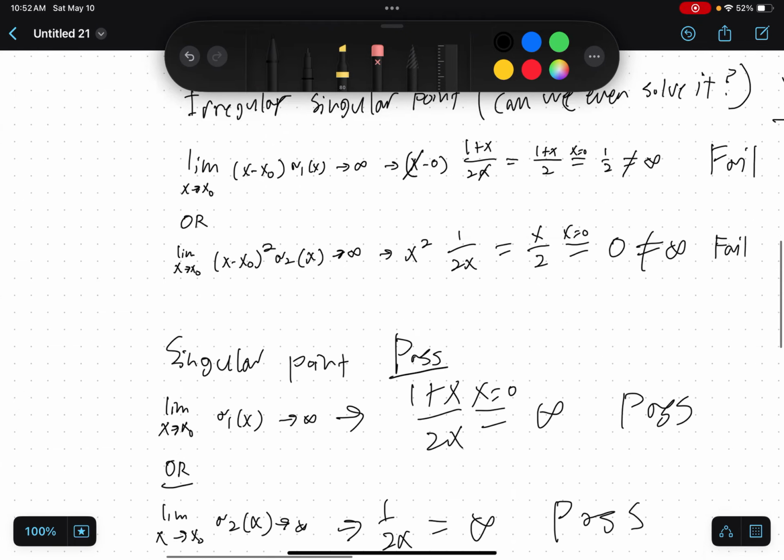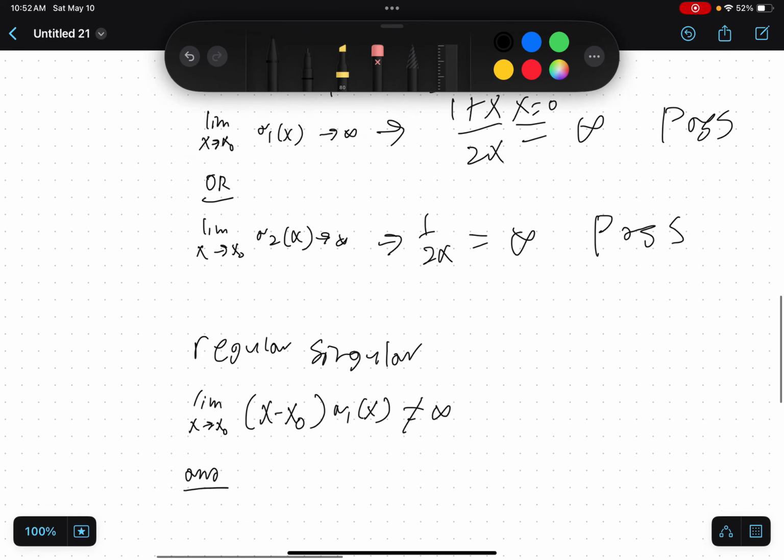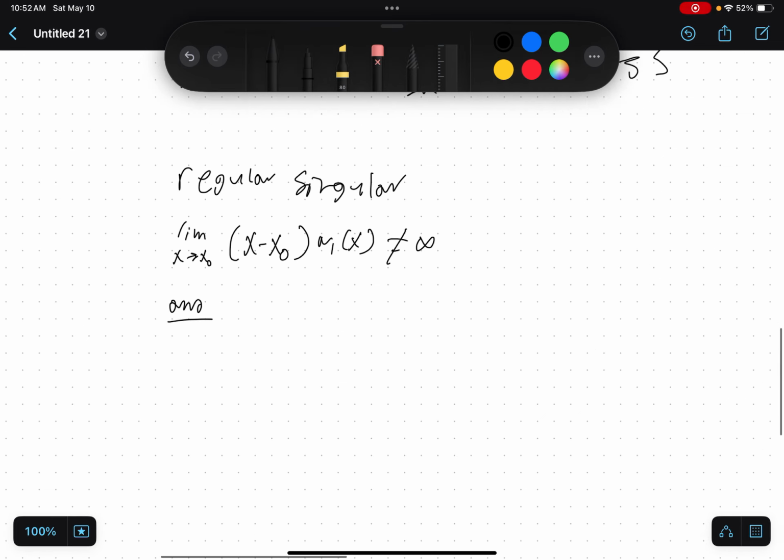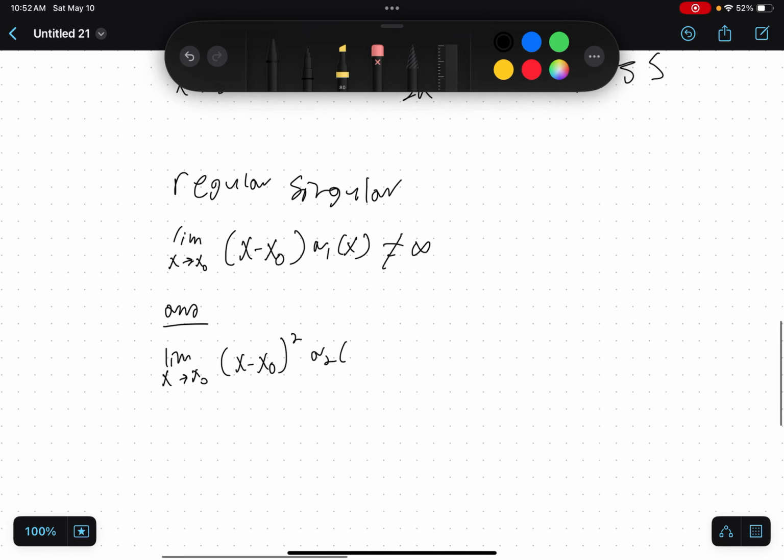These two conditions were or. This condition is and, so both of these have to be true. No, it said equal infinity also.